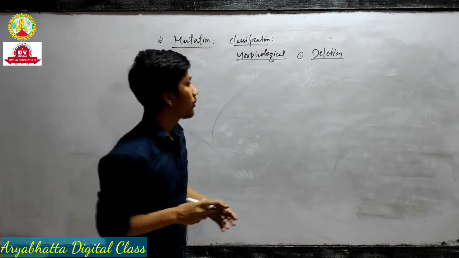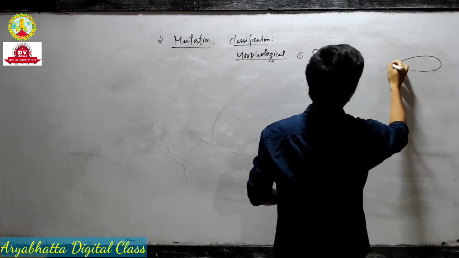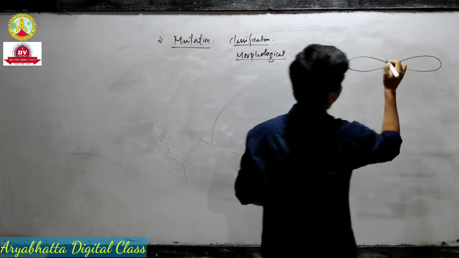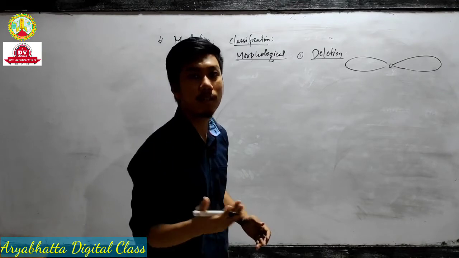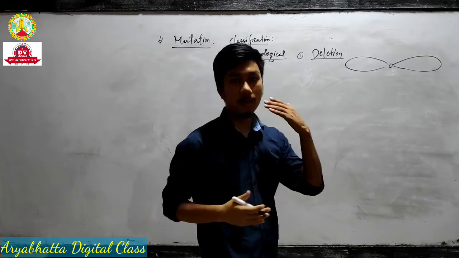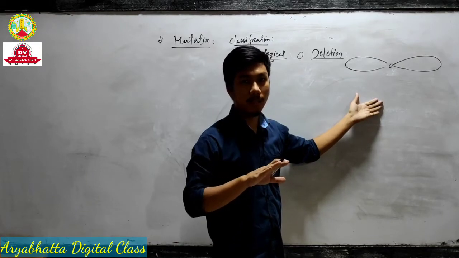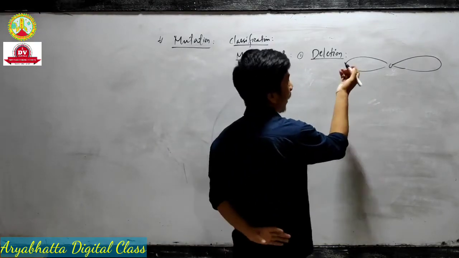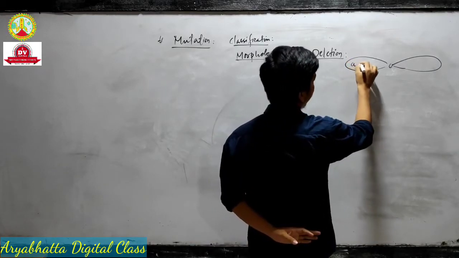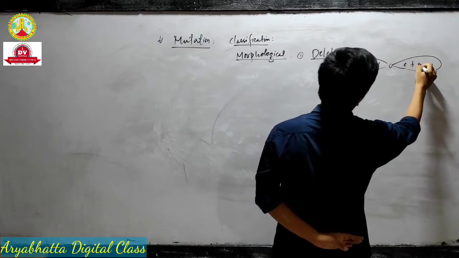To remember this, let me show you a diagram. Suppose we have a chromosome here. Inside our chromosome, there are genes. This diagram is just to make you understand. I am writing the genes in the form of small a, b, c, d, e, f, g, h.